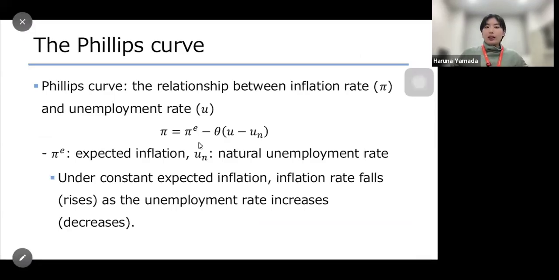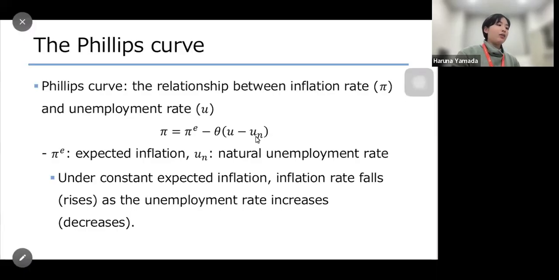Okay, so now I want to introduce the Phillips curve. The Phillips curve is the relationship between inflation rate pi and unemployment rate u: pi equals pi e minus theta times (u minus un).